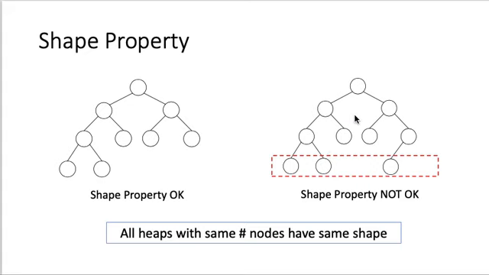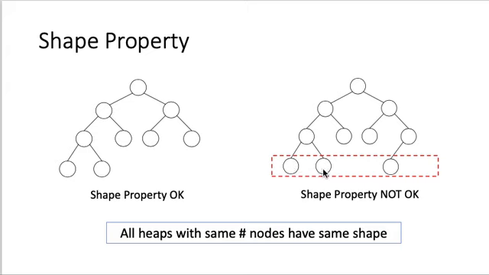On the right hand side, we see a different binary tree. This time it has one more node, and we can see that although the first three levels are fully filled, in the deepest level the nodes are not filled from left to right.